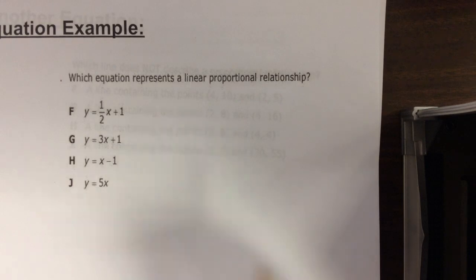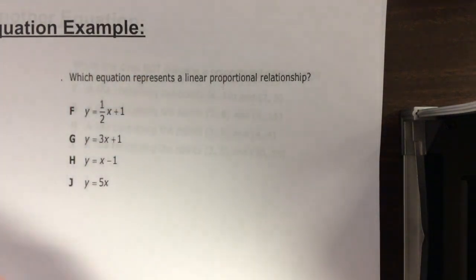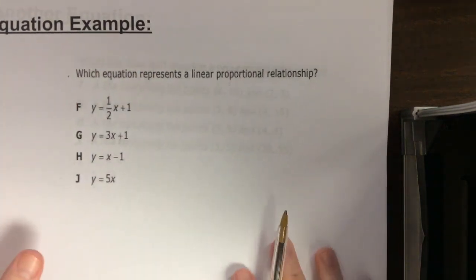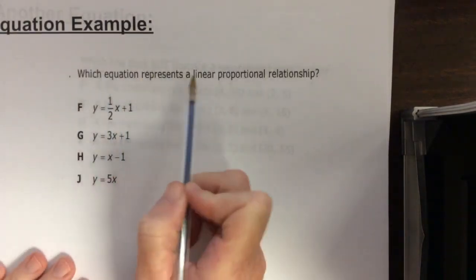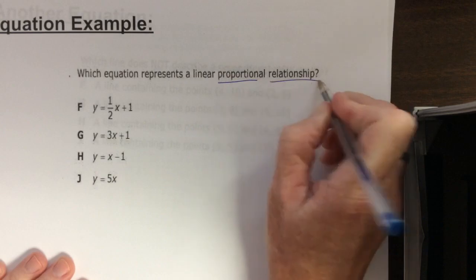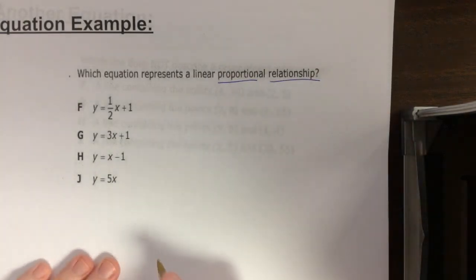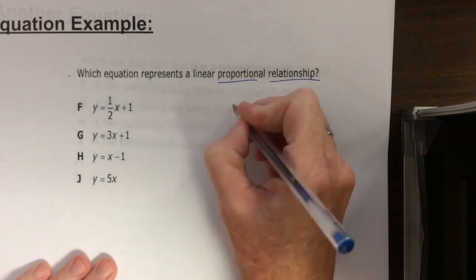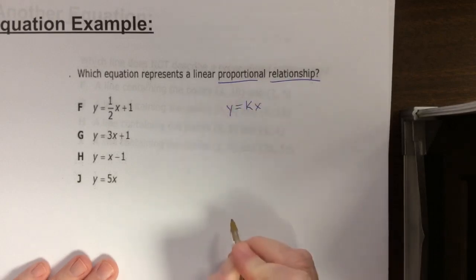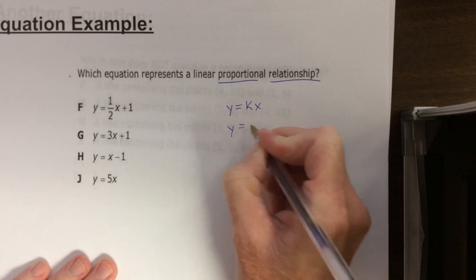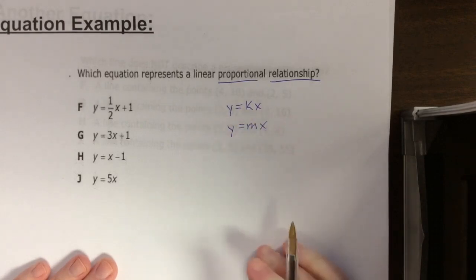Okay, now we have an equation example. We did graph examples, now we're doing equation examples. This is just as easy. Which equation represents a proportional relationship? We know that it should be in the form of y equals kx or y equals mx, whatever you prefer.